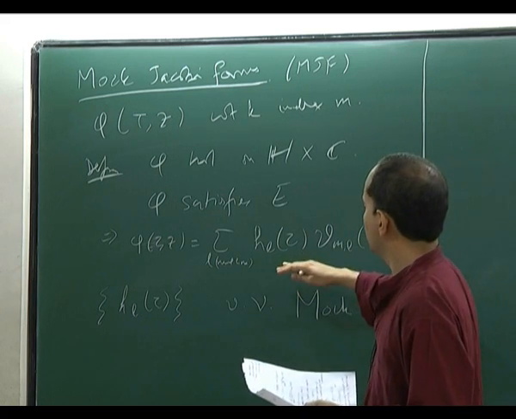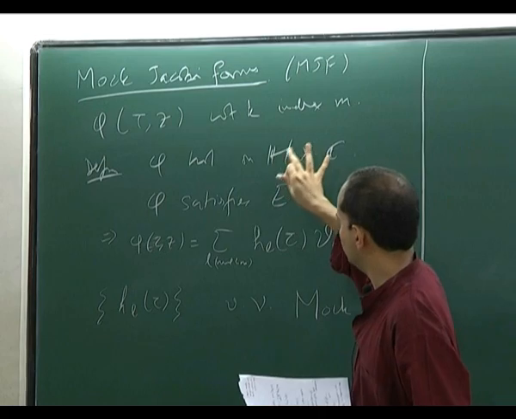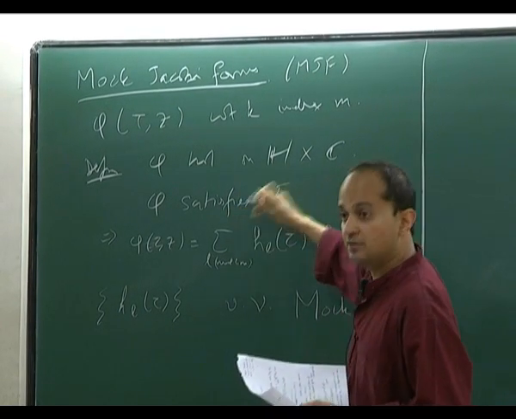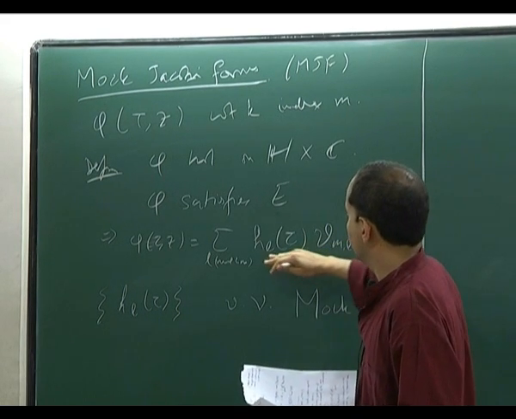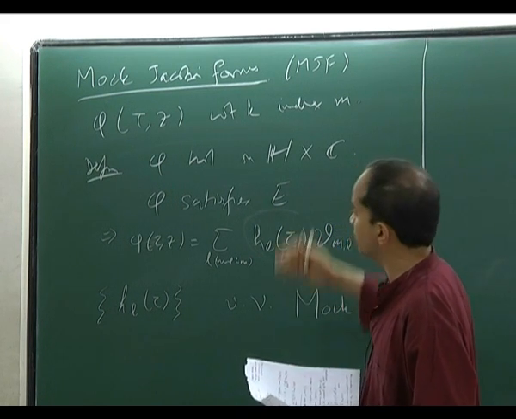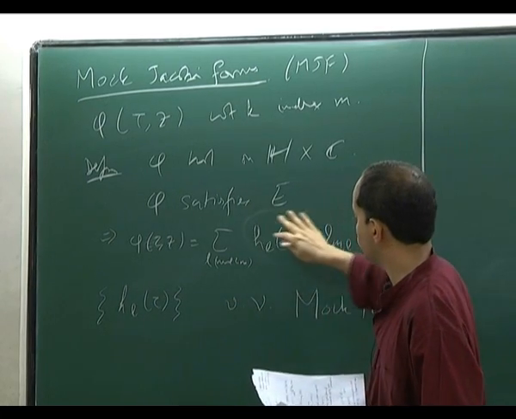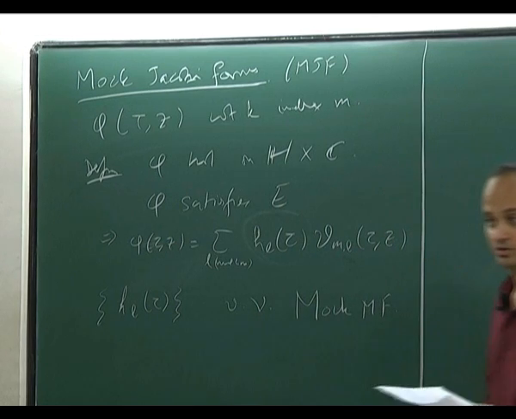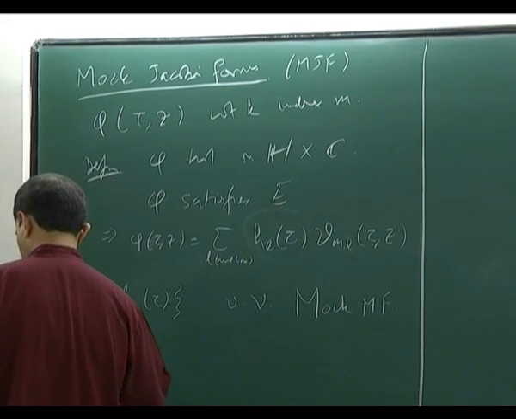You demand holomorphicity in z and tau, you demand that it satisfies the elliptic property, which implies the usual theta expansion, and then you have these theta coefficients h_L. When phi was a Jacobi form, these were modular forms, and now when this is a mock Jacobi form, these are mock modular forms. That's the obvious definition, so I won't say very much.